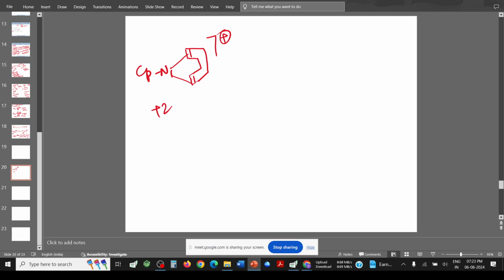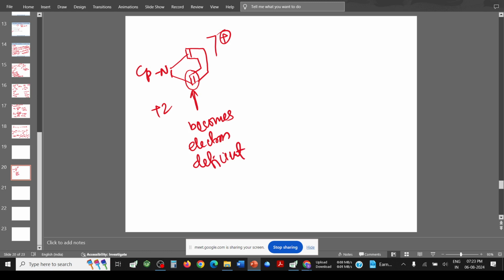Okay. Now because of the electron donation from this ethylenic double bond to the metal center, this double bond becomes electron deficient.